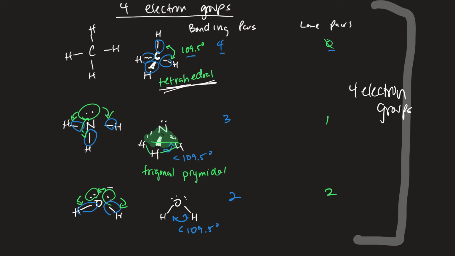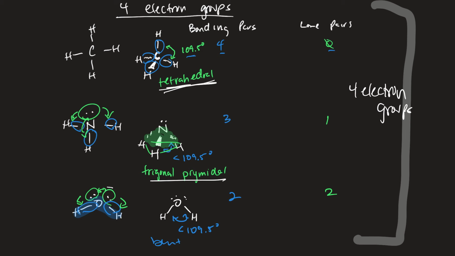So here we have tetrahedral because of the 4 things sticking off it. This is a trigonal pyramidal. This last one here, if you look at the molecule, it's bent. So this one has more of a bent shape. But they all stem from a 4 electron group. And so this is a good way to categorize this in your minds.